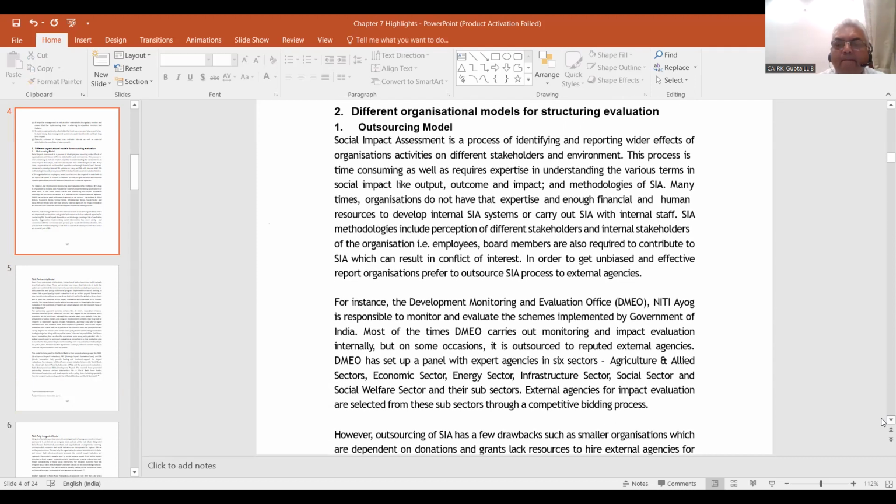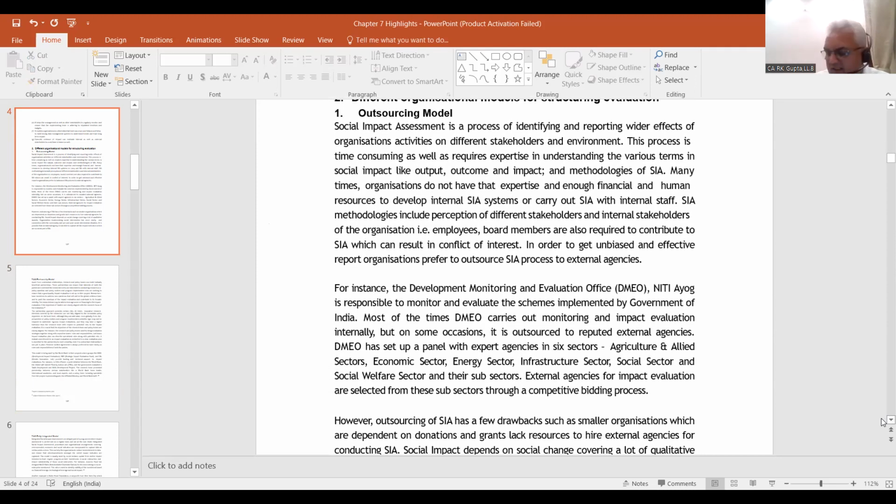That is 6 sectors. No, energy could be of various types. Energy could be solar energy. It could be electric energy. Suppose some windmill project is there, so it will be in the energy sector only.